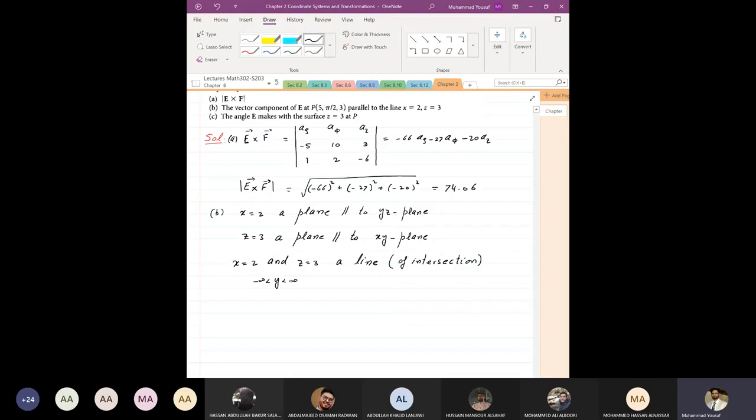Yani y is a free variable. I hope you get it, that is how we are saying that x equal to 2 and z equal to 3 is a line.